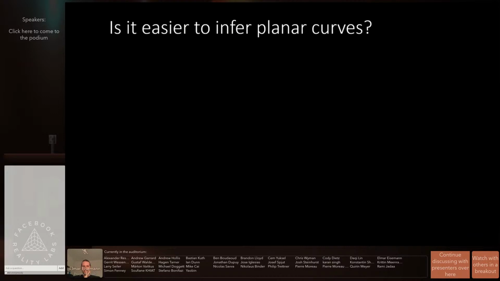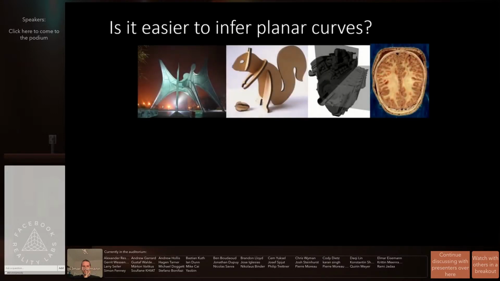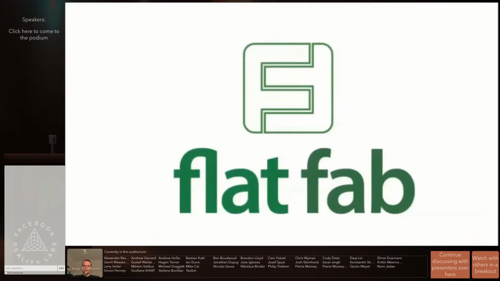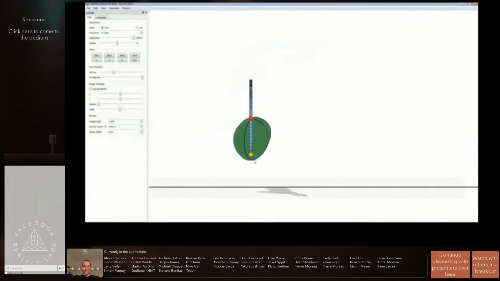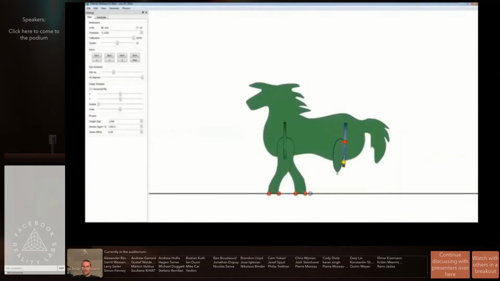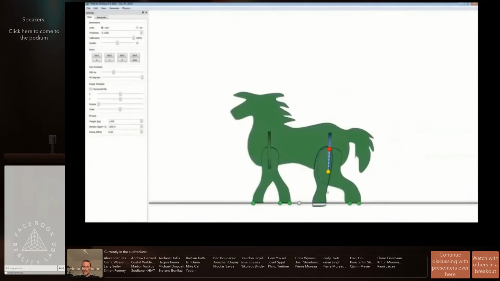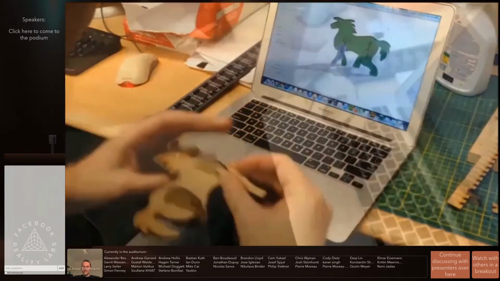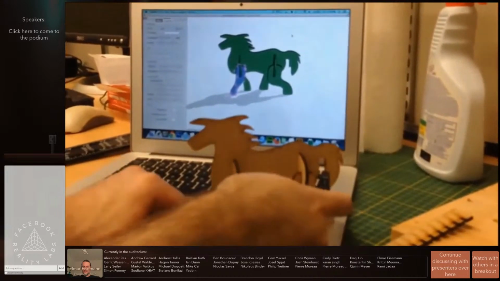Planar curves are after all common in design and fabrication, and FlatFab is a system that is able to exploit this planarity to ease the creation of planar curve assemblies in 3D. As we see here, FlatFab is an end-to-end solution with a fluid interface to create physically stable planar section assemblies.